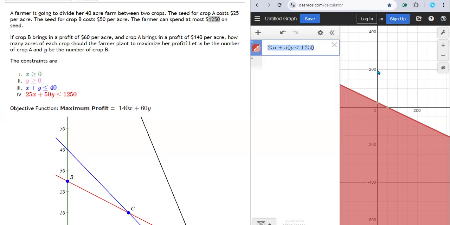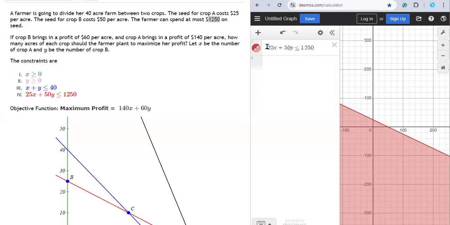A point up here, for example, makes this statement untrue. So these are points that make this statement true, and these are points that make this statement untrue. Now, the cool thing about Desmos, it gives you the intercepts, 0 and 25, and 50 and 0.